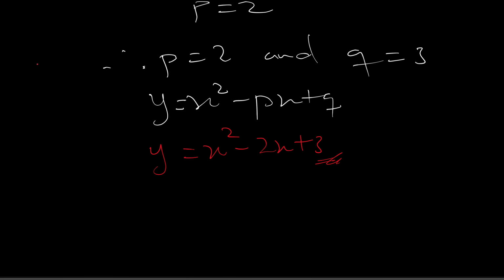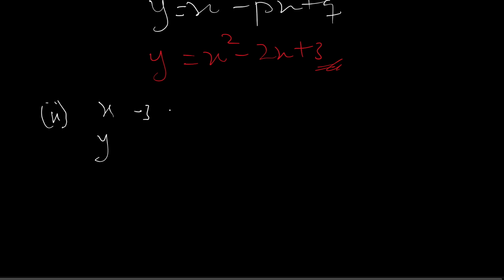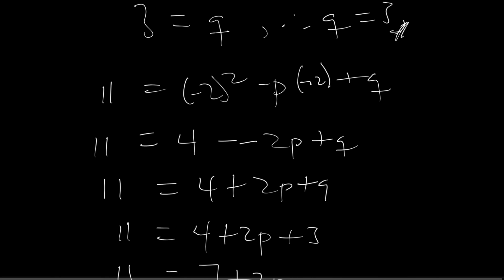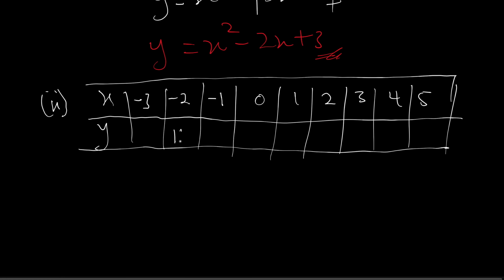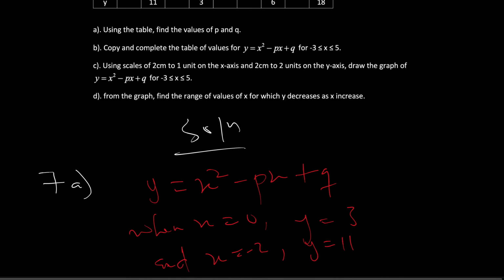So we have our x and we have our y. We have -3 to 5 for x. So -3, -2, -1, 0, 1, 2, 3, 4, and 5. And for our y, we have 11, 3, and 6, 18.